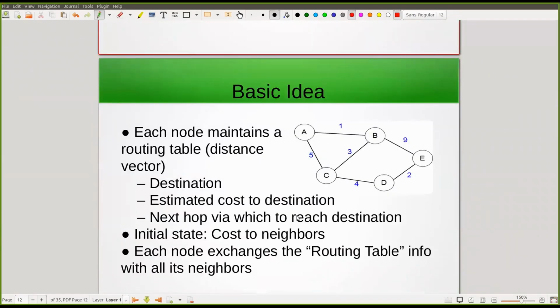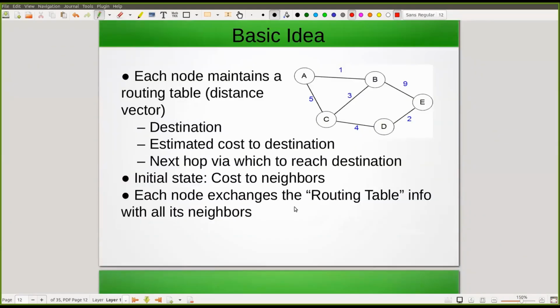What is the basic idea? How does this particular algorithm work? Let's look into this. As I say, it is a distance vector algorithm. Every node is going to maintain a distance vector at its own end. What is a distance vector? It is nothing but the cost of going to its neighbors.